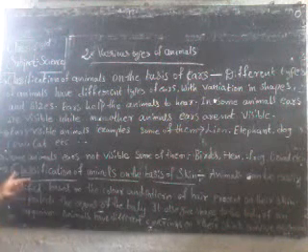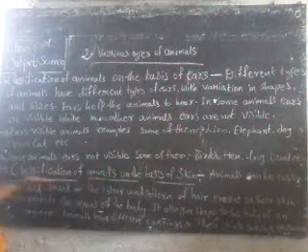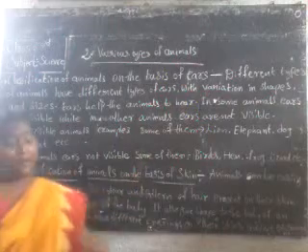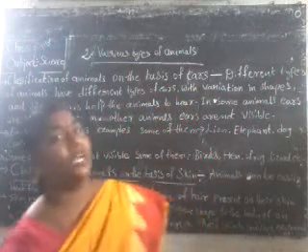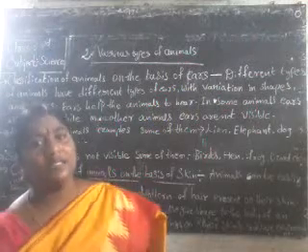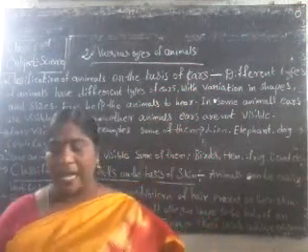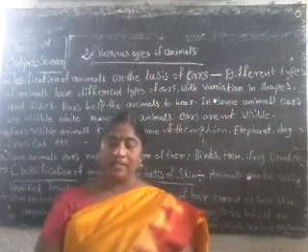And the next one is the classification of animals on the basis of skin. The second point is the classification of animals on the basis of skin. Just like animals have different ears, they also have different kinds of skin.